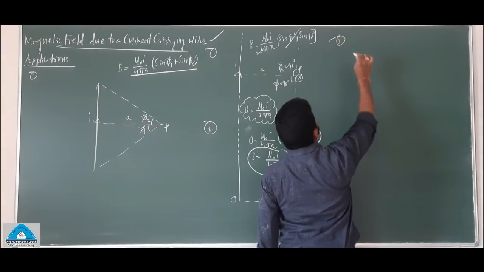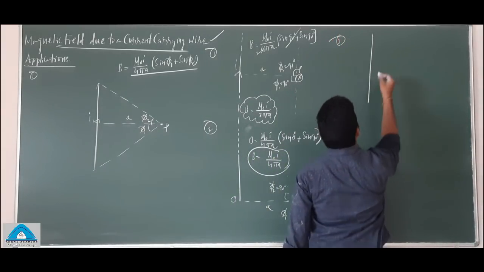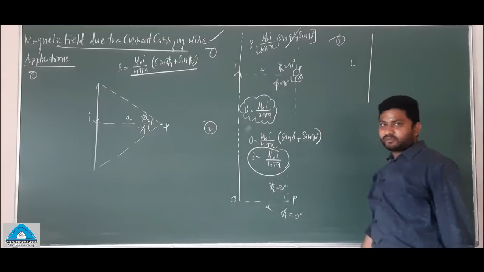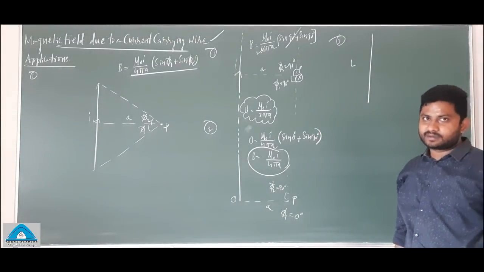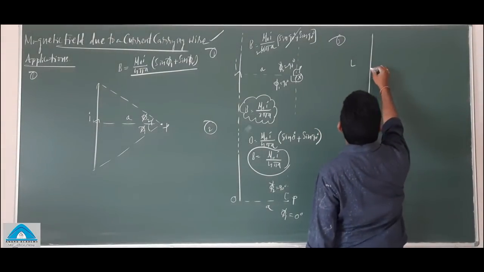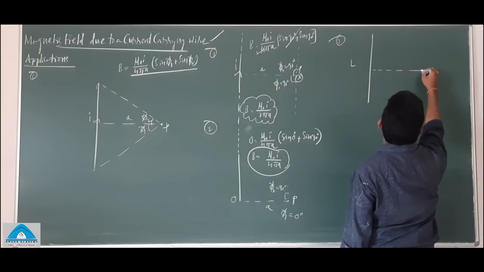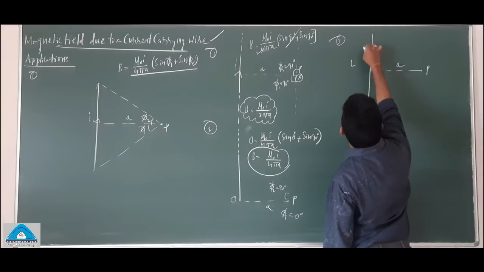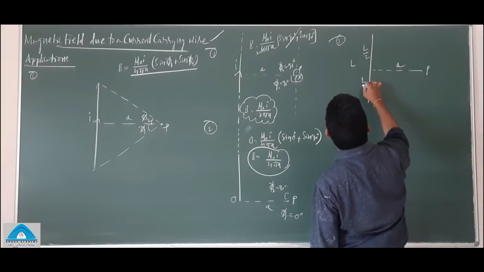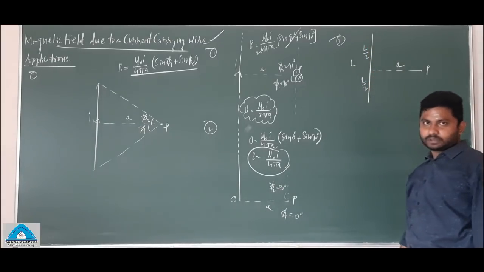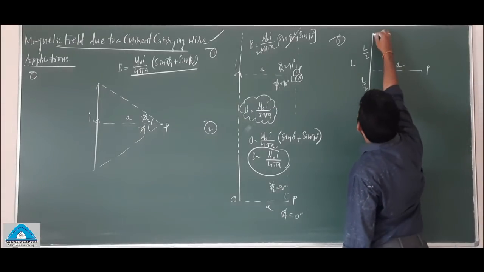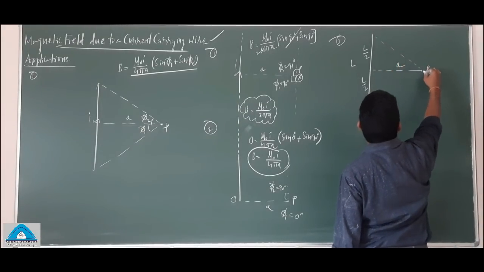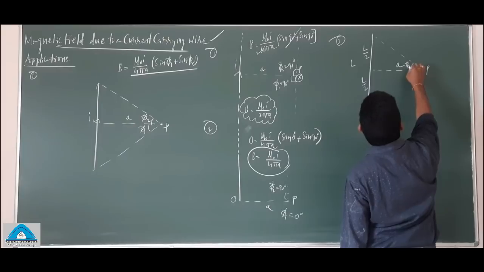Third application, there is a finite wire of length L. And exactly at the midpoint of this wire L, the point P is located at a distance A. So midpoint in the sense this is L by 2 and this is also L by 2. From this top edge, the point P is located at an angle phi 2.